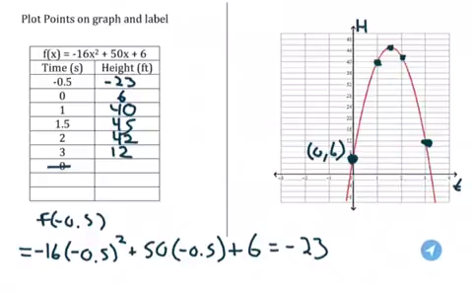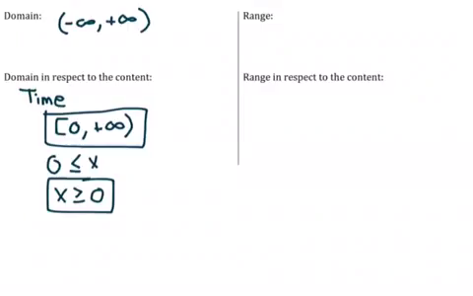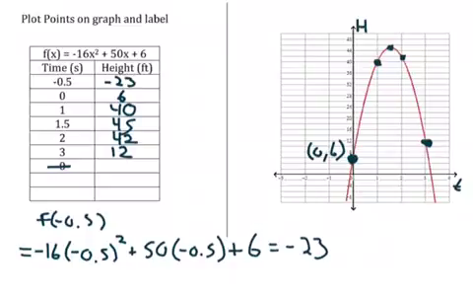So it goes really, really far down. So our range really needs to start at negative infinity, way down here on the y-axis. Negative infinity, and we put parentheses, but there is a limit to how high it can go. So when we're looking at this, we go up, up, up the y-axis, all the way up until we get to the maximum point, which looks like it's around 45.